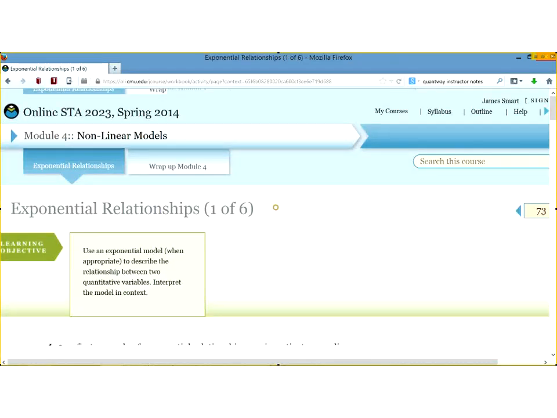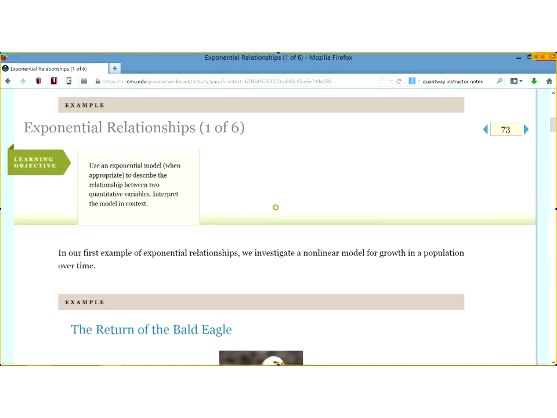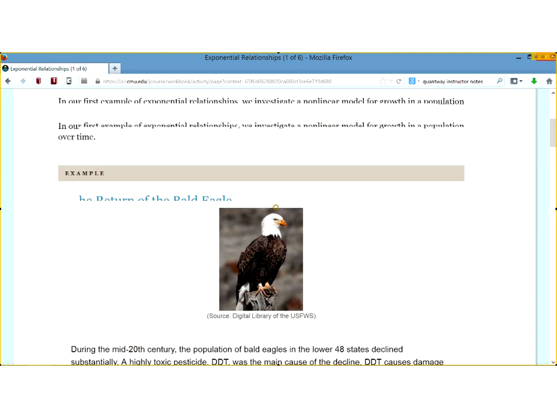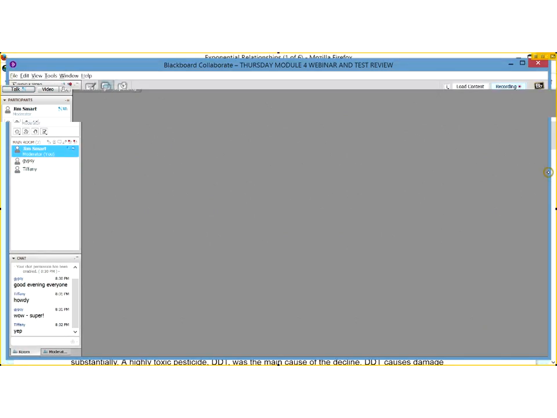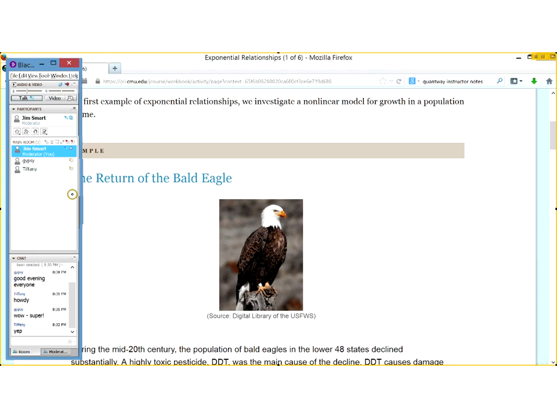Good. That makes me happy. All right. This part of the screen is supposed to disappear. There we go. Okay.